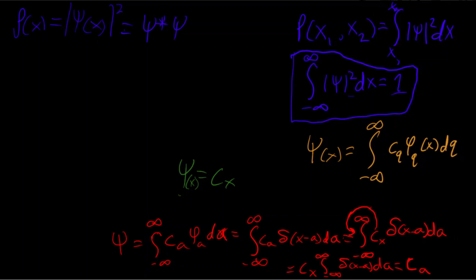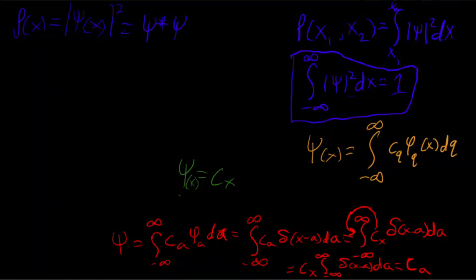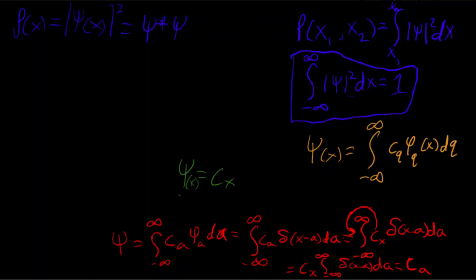And so phi sub q is the wave function, the state function with a definite value of q. But since we know a state function is a function of x, a wave function is a function of x, I'm going to stop calling them state functions and just call them wave functions. This is a wave function.